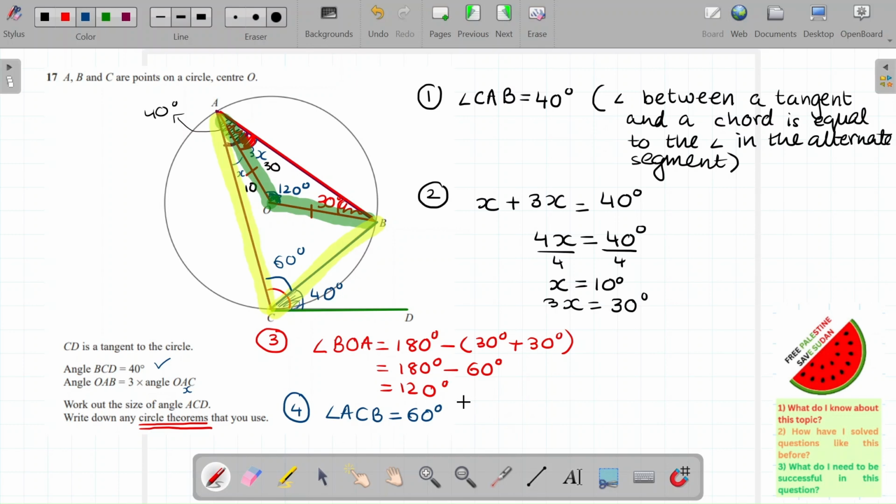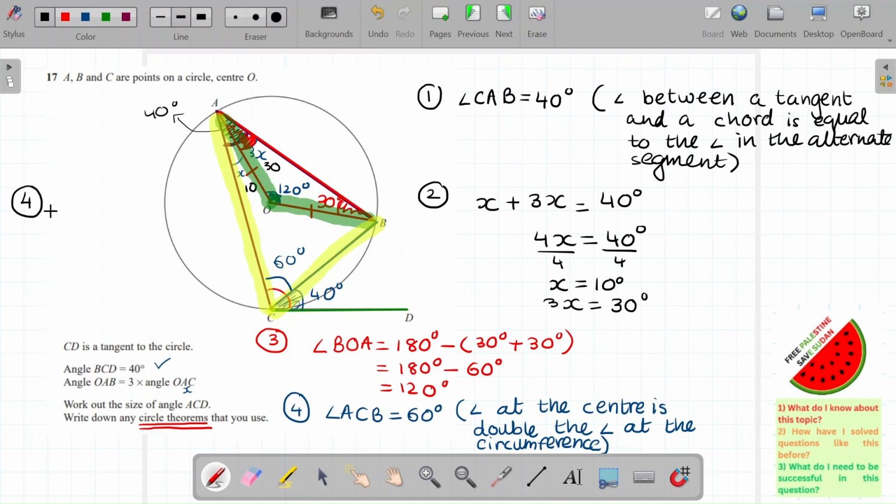And the reason for that is angle at the center is double the angle at the circumference. And I've almost run out of space, so I'll do number 4 over here.